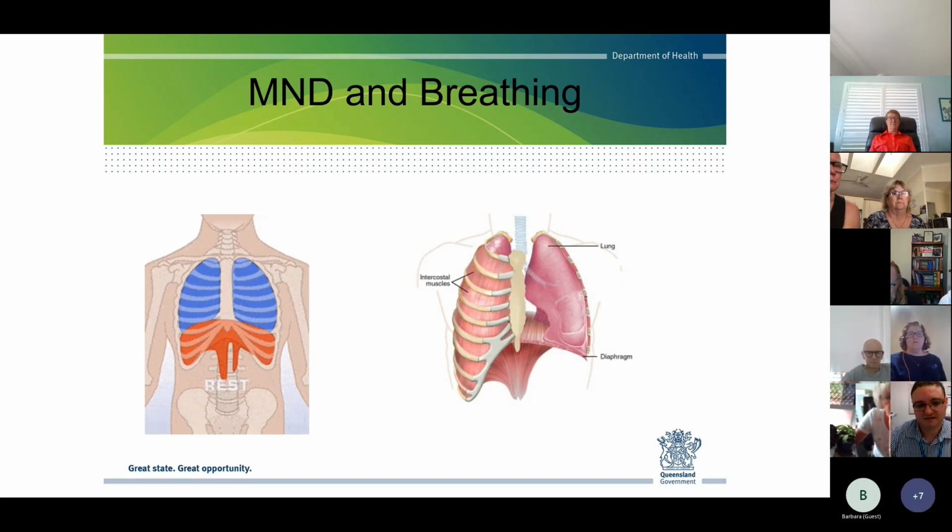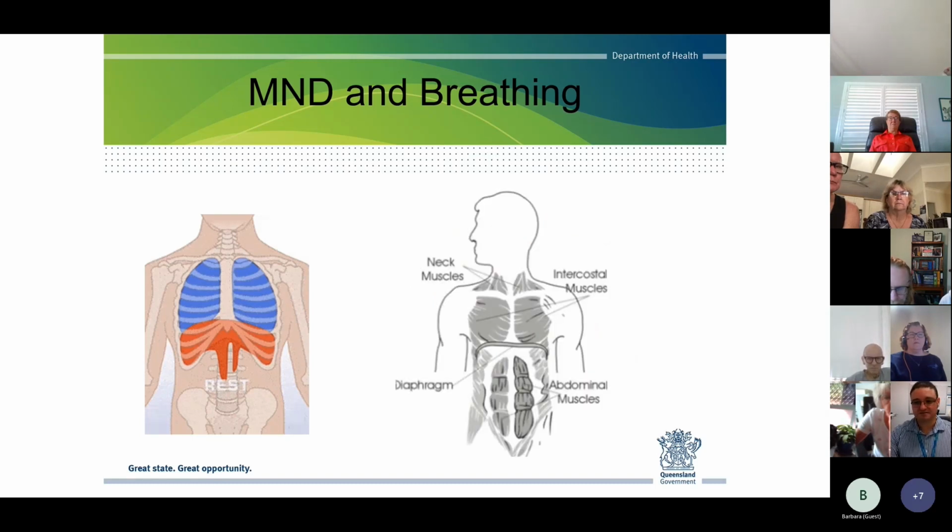Once the motor neuron disease starts attacking these three main areas, the body realizes that you're underbreathing, that you're not getting oxygen in like you should. What it starts doing is using other types of muscles, the intercostal muscles around the chest, especially inspiratory muscles in the throat.